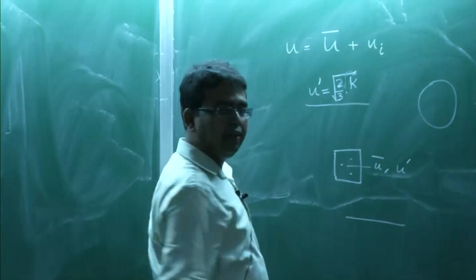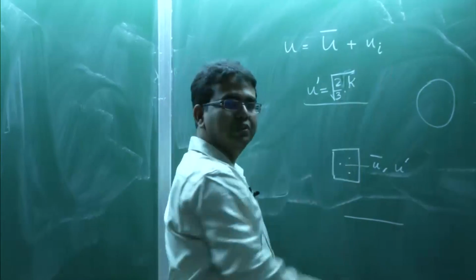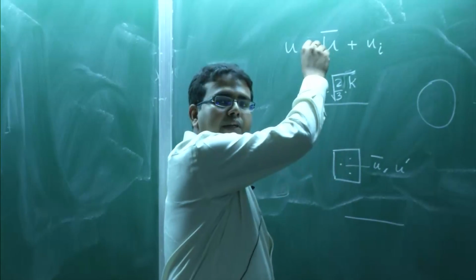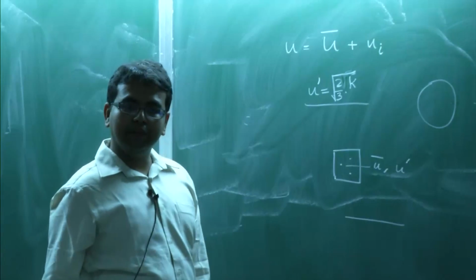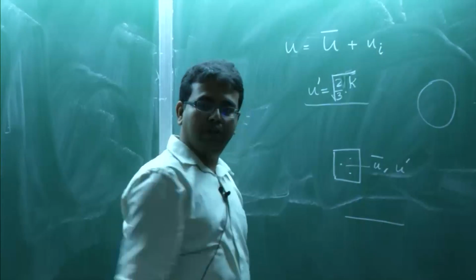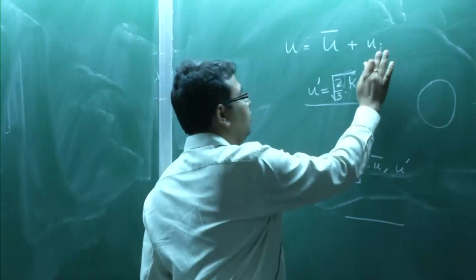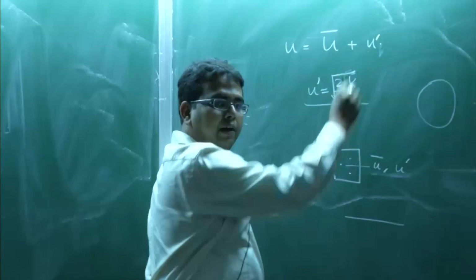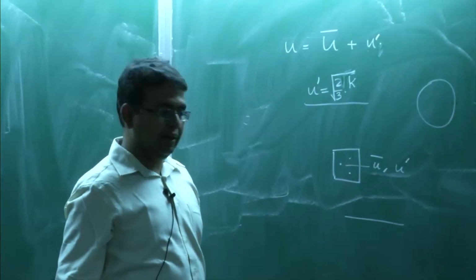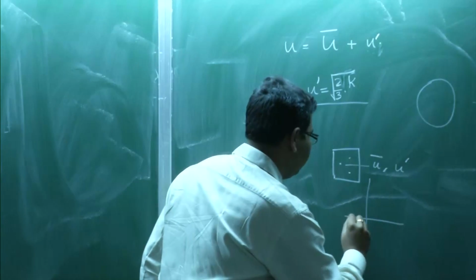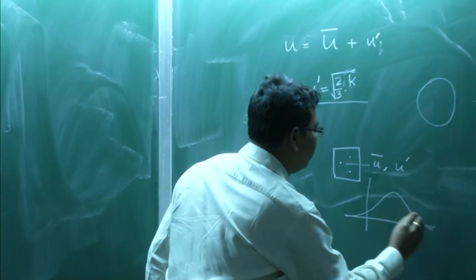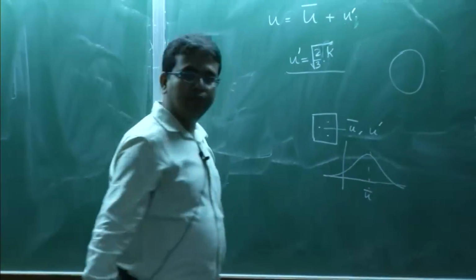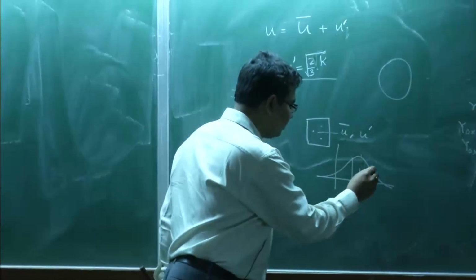So, what you need to do is calculate the instantaneous velocity based on a normal distribution. We can assume that the mean is represented by u bar, and the RMS is u prime. This is a normal distribution having a mean u bar and an RMS u prime, and from this you can sample the instantaneous velocity.